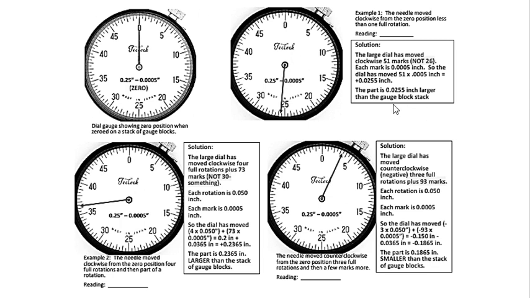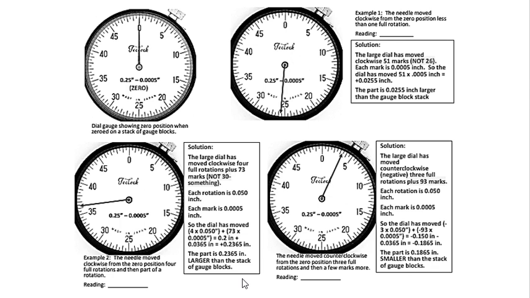Here, of course, you're not provided with the gauge block stack value, yeah? But in the lab you know this value, because you will be getting each specific block, so you can add them up. And of course the part is larger, so you're going to add this to the gauge block stack in the lab, so you get the accurate measurement of the object of interest.